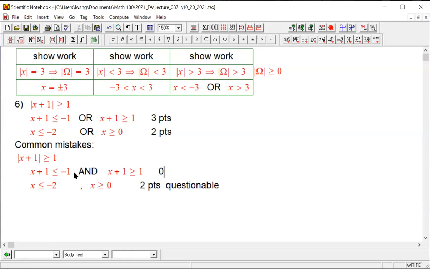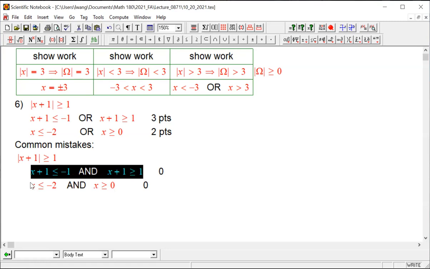If you have this and, you get a 0 for the entire question because there's no number that can be less than or equal to -2 and at the same time greater than or equal to 0. So this means there's no solution. So that's how important this word is.